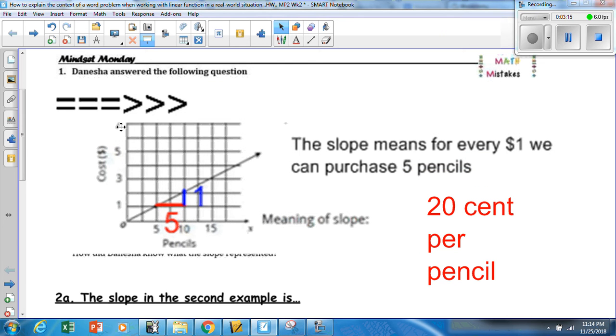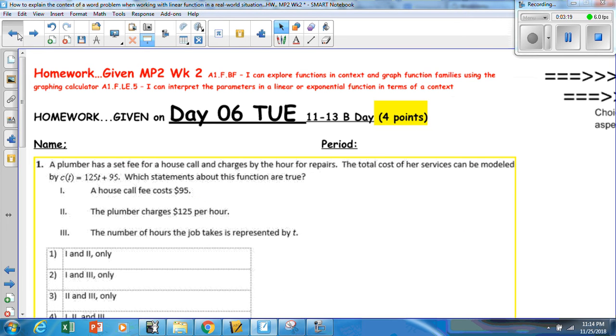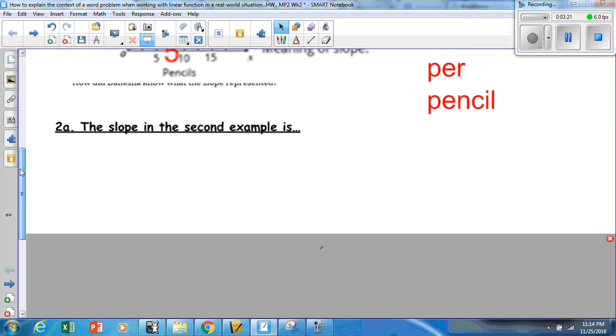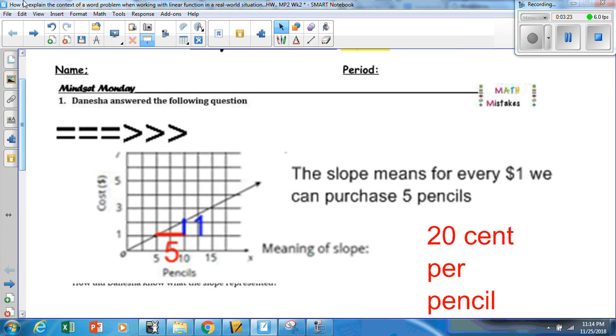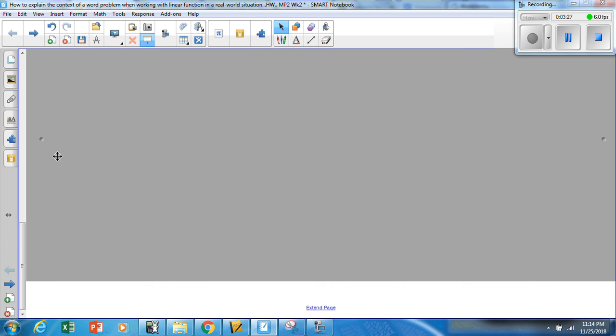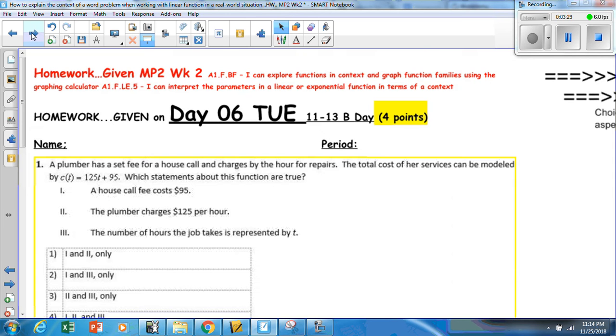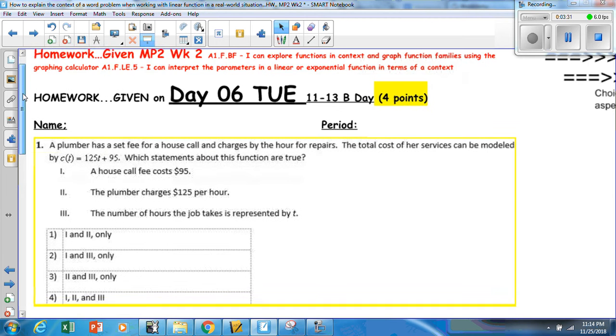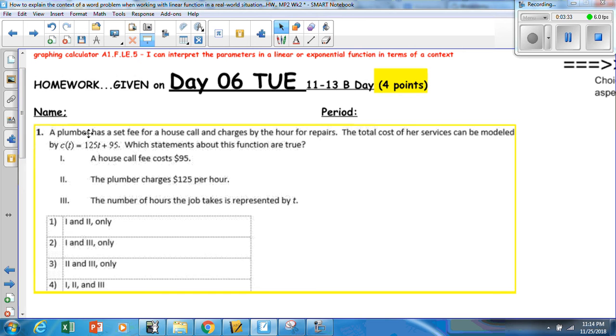Okay. Tuesday. Says a plumber has a set fee for a house call and charges by the hour for the repair. The total cost of her services can be expressed using this linear function. Which statement about the functions is true? Well, let's examine the linear function.